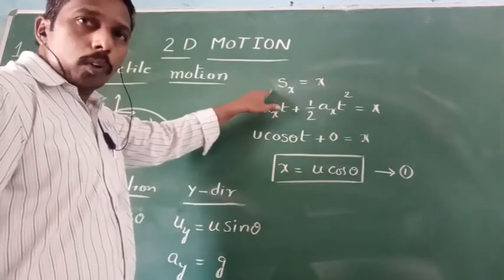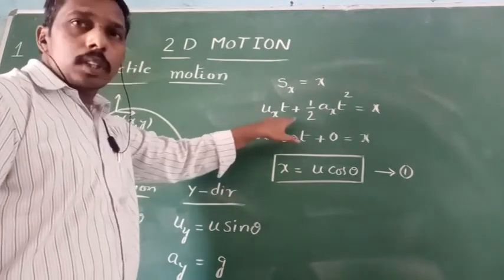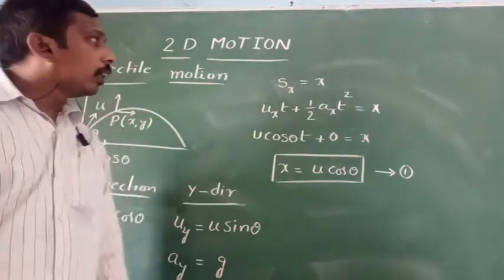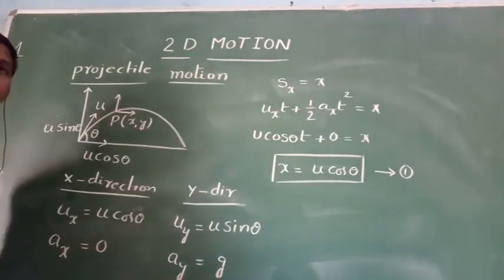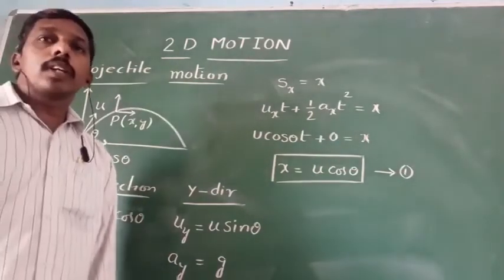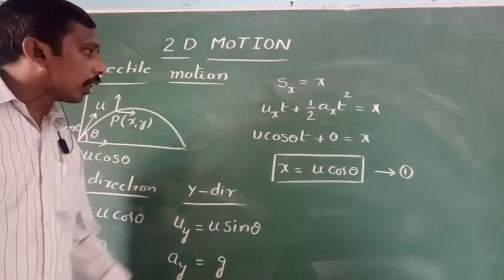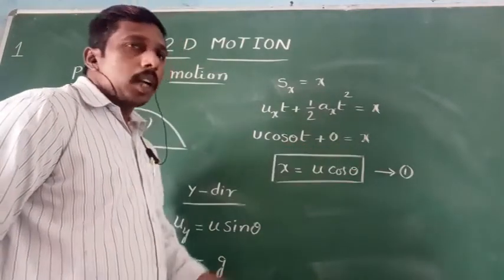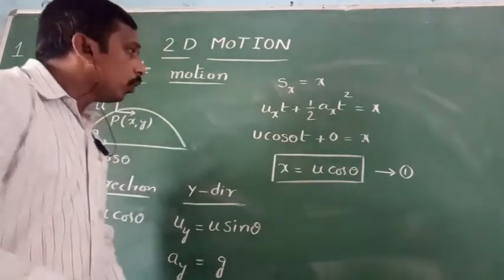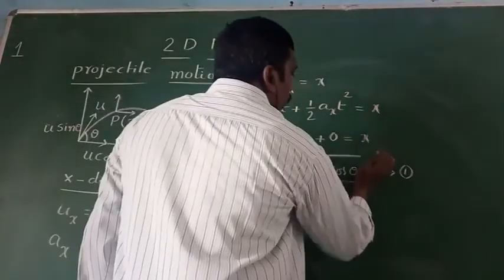So Sx is equal to ux into t plus half ax into t square, that is equal to x. But along the horizontal direction, acceleration is equal to 0. Why? Because there is no gravity along the horizontal direction. So u cos theta into t plus 0 is equal to x. From this we got x is equal to u cos theta into t.